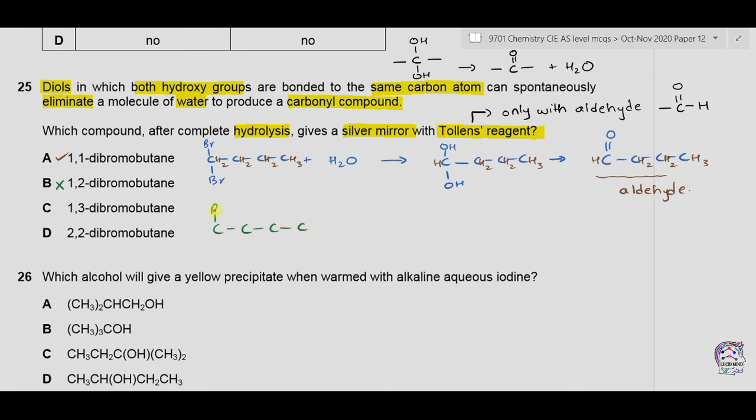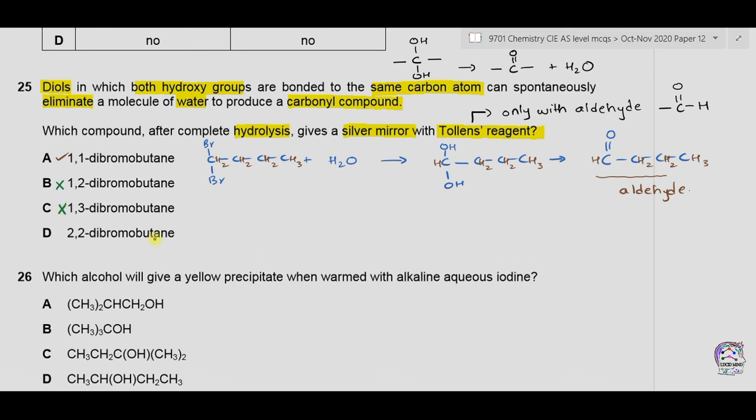So bromine is attached with first and third carbon atom. Upon hydrolysis, OH will replace Br on first and third carbon. Again, carbon atom is not bonded to two OH functional groups, so water molecule elimination will not occur. So C is also incorrect.